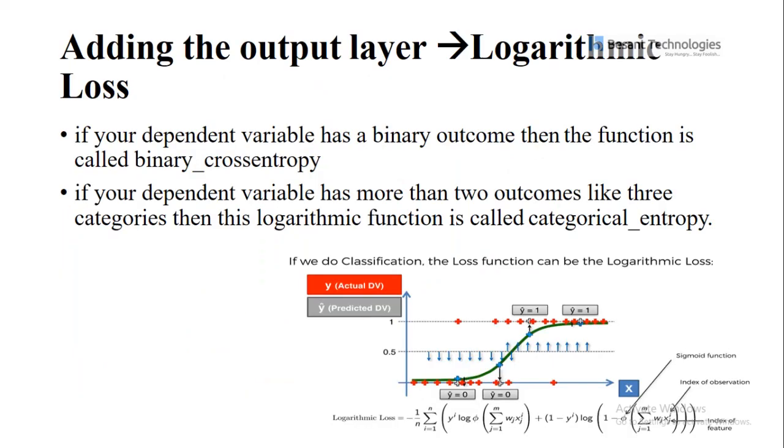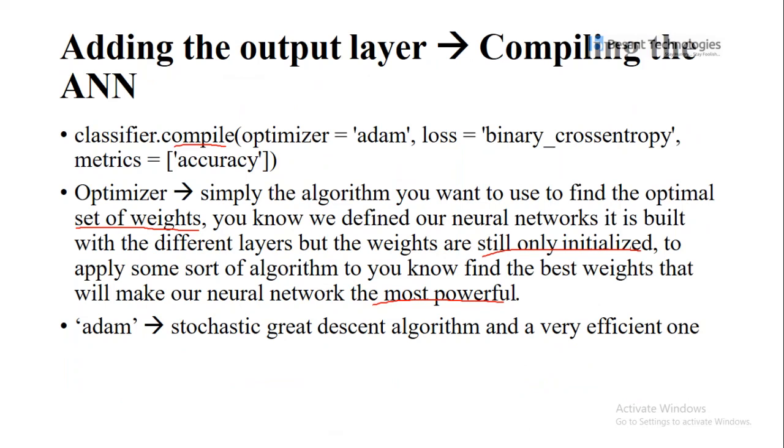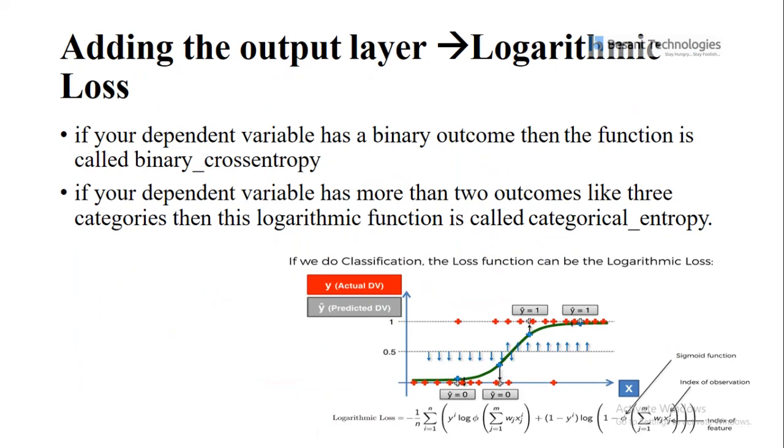So in your output layer, we are going to get this logarithmic loss. When you are having this loss, binary cross entropy, how to choose this? If the output layer has a logarithmic loss, simply, if your dependent variable has a binary output, then the function is called binary cross entropy.